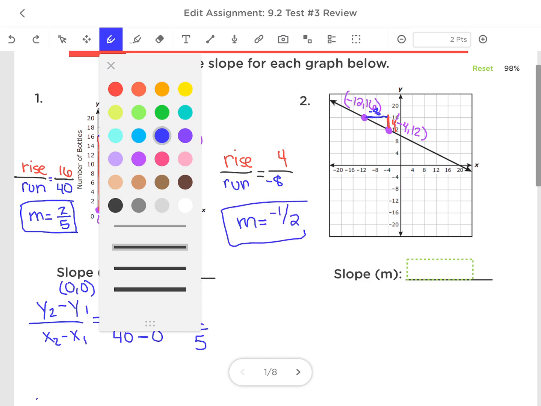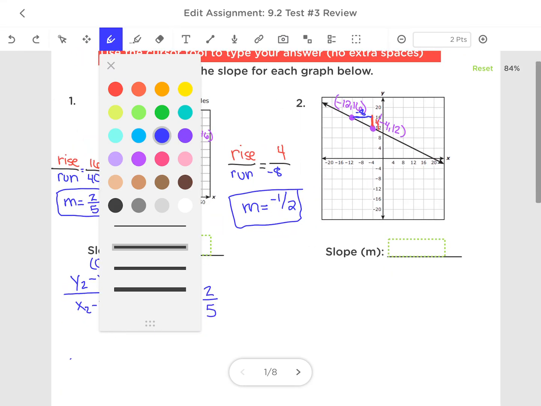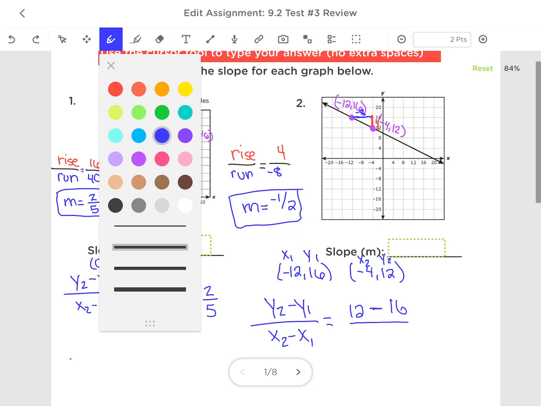Again, this might be one that I use the formula. So again, I have negative 12, positive 16. I have negative 4, positive 12. So my formula, y sub 2 minus y sub 1 over x sub 2 minus x sub 1. We plug it in, so x1, y1, x2, y2. So I have 12 minus 16 over negative 4 minus negative 12.